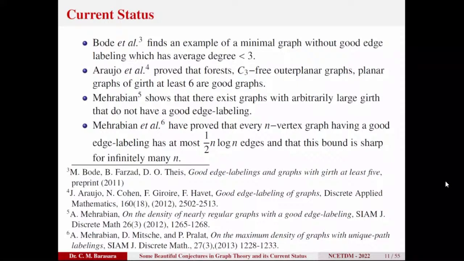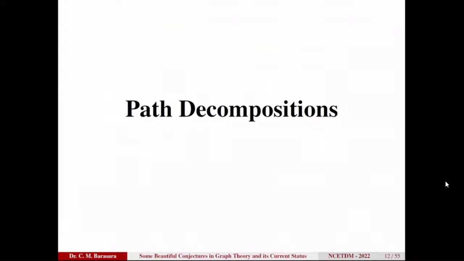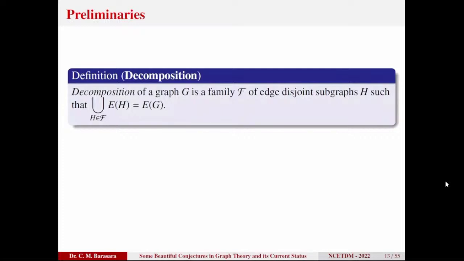Now, moving further, let me come down to two very well-known conjectures. The first one is known as the path decomposition conjecture, and the second one is known as the cycle decomposition conjecture. Both are motivated by one result. Let me first give the definition of decomposition.